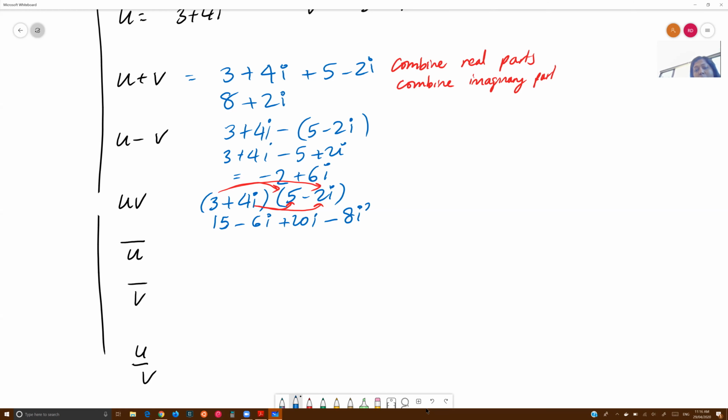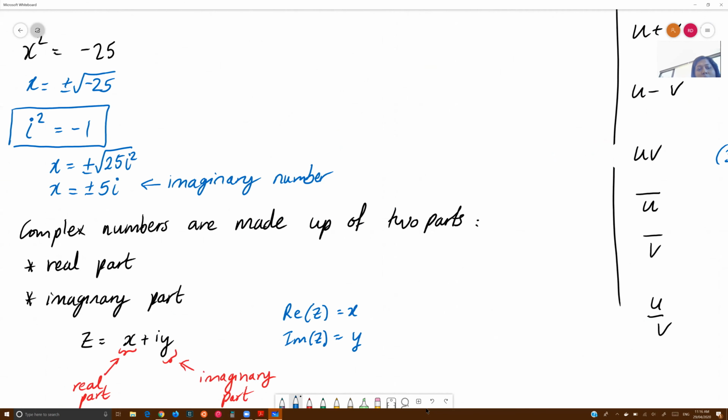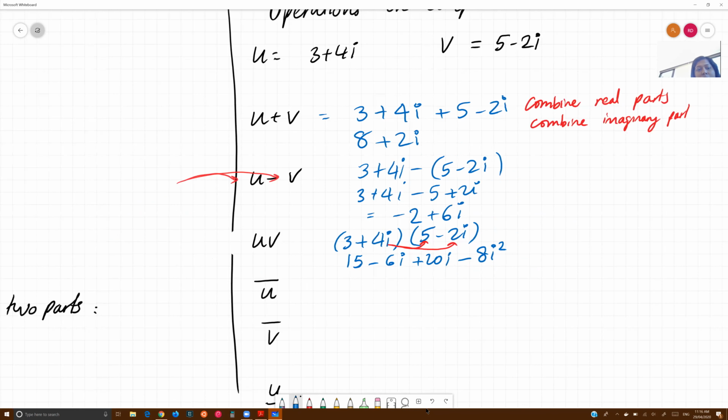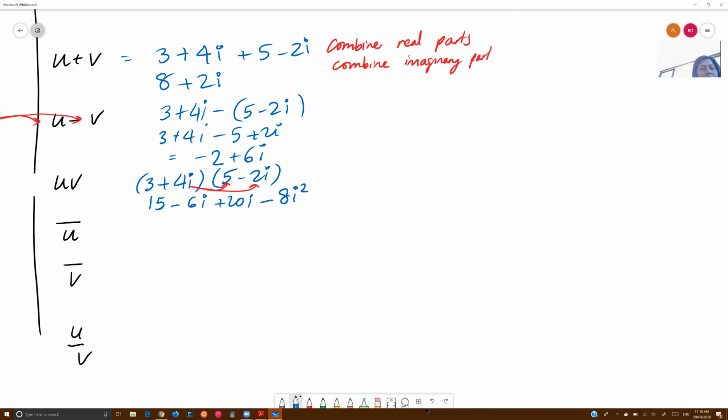Now this is where the difference comes in. Remember, by definition, we talked about i squared being negative 1. So that's what we need to put in here. I'm going to replace i squared with negative 1.